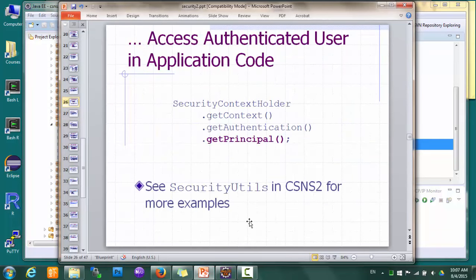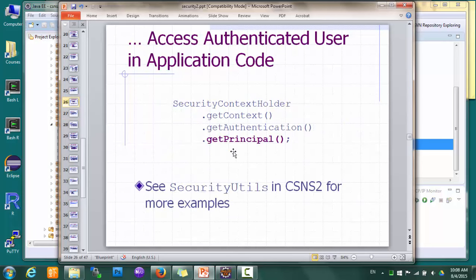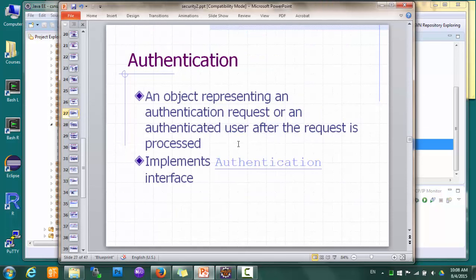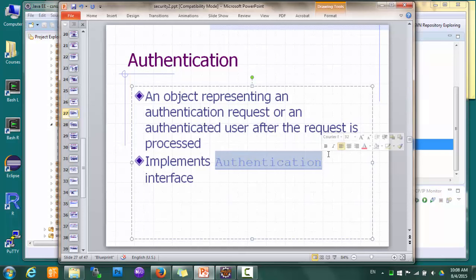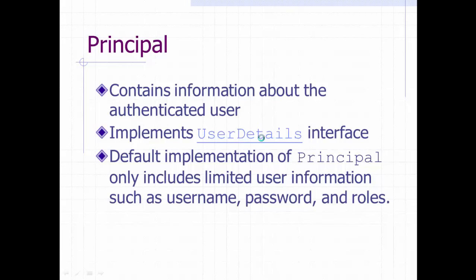So to understand this, there are a couple of important things in here. First is this authentication object. This object implements the Authentication interface, and it contains the information about the authenticated user, which is called the principal. Now let's go to the documentation.